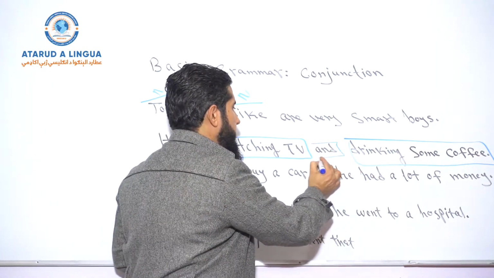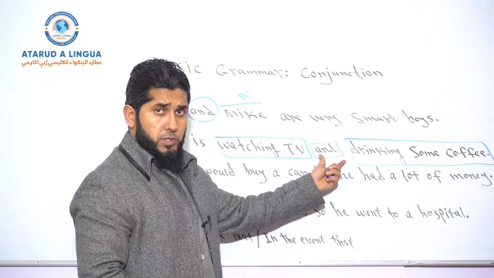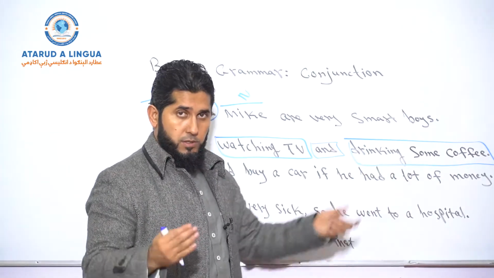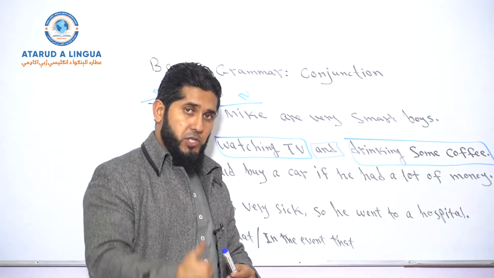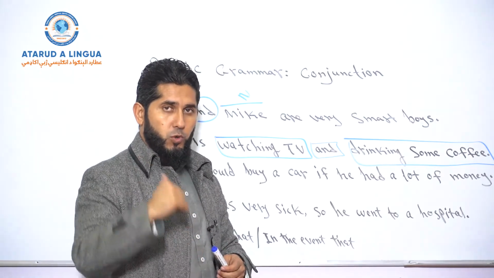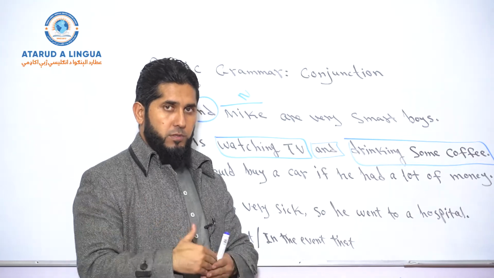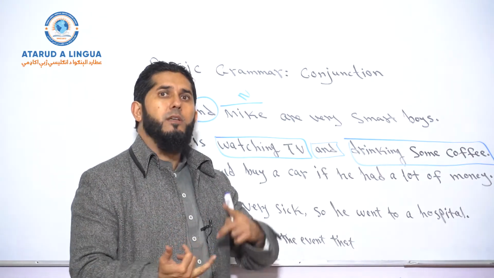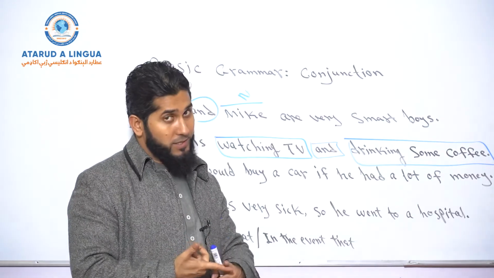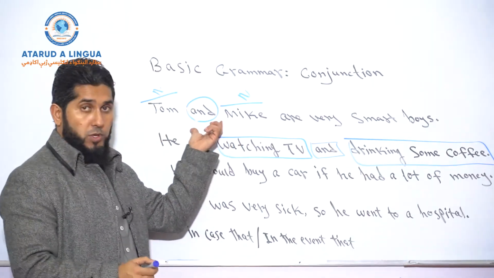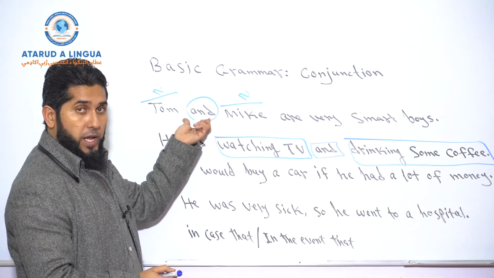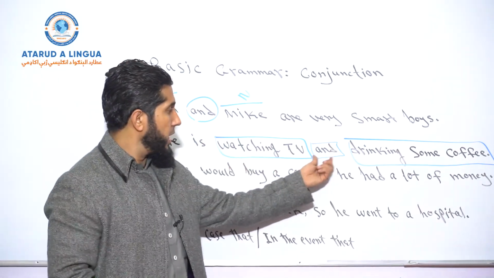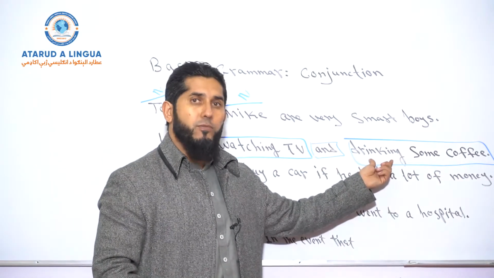The conjunction "and" is used in order to combine the two phrases. So as I said in its definition, it is a word or a group of words which is used to combine words, phrases, clauses, and sentences. In sentence number 1, we use the conjunction "and" to combine two nouns, but in sentence number 2, we use the conjunction "and" to combine two verb phrases.